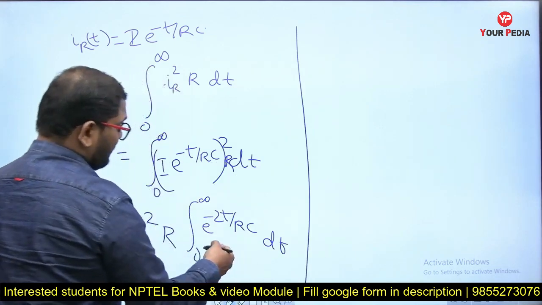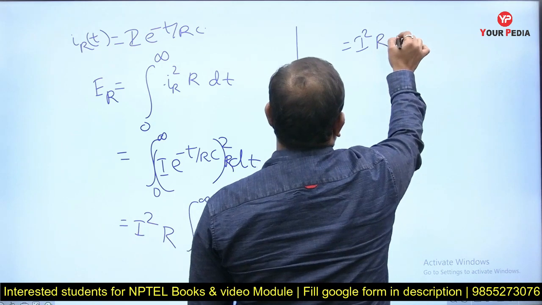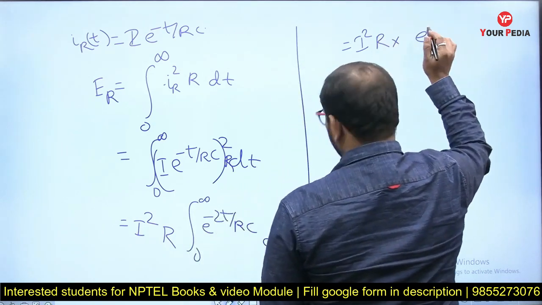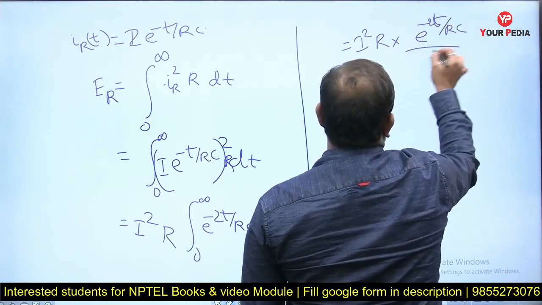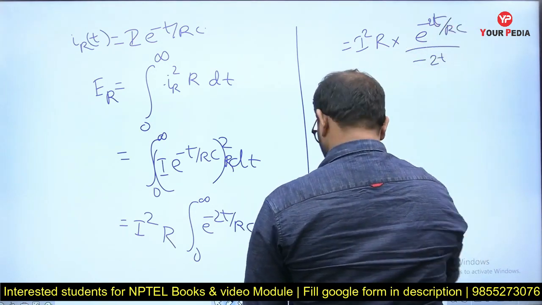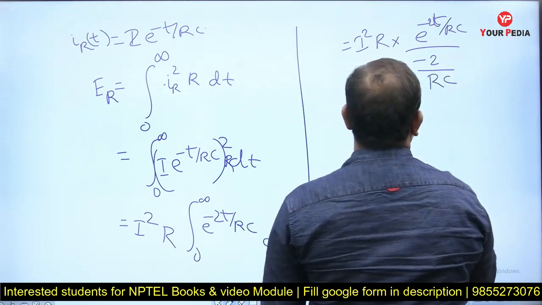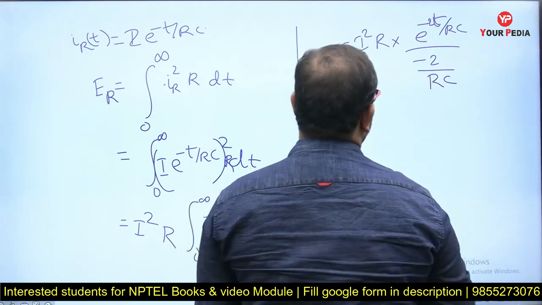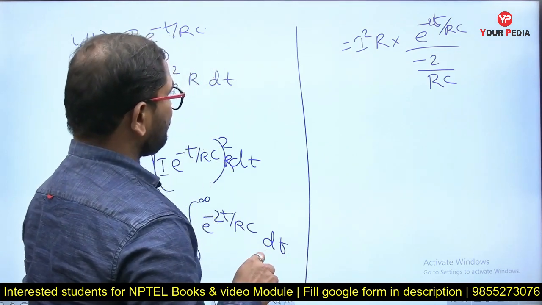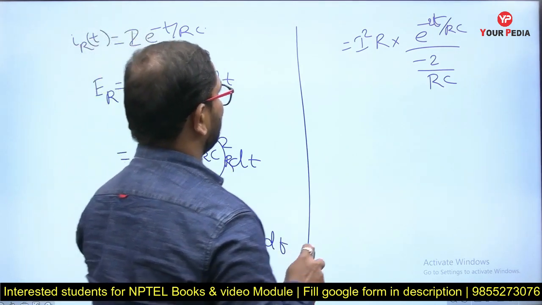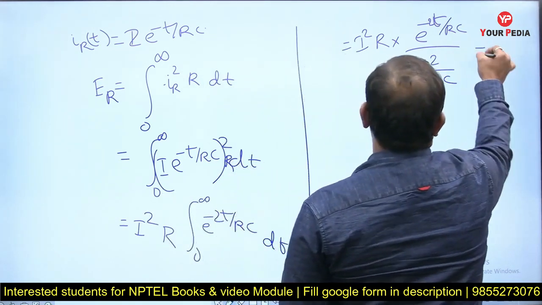So what is the integration of e power minus 2t by RC? It is I square R into e power minus 2t by RC divided by minus 2 by RC, plus some constant k.